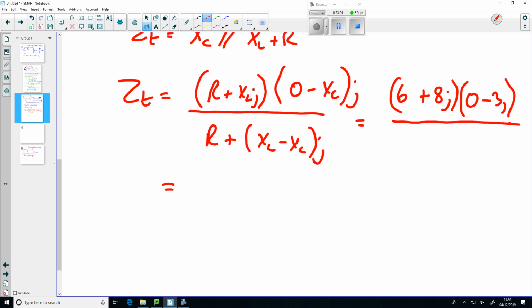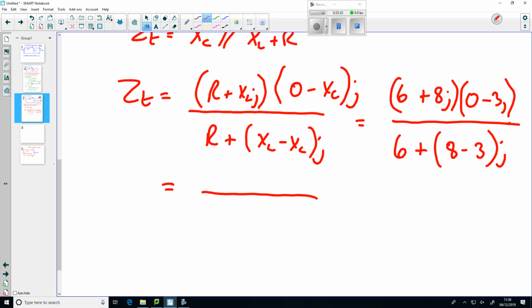Underneath, 6 plus 8 minus 3J. We want to convert these into polar values now. So convert each of those individually into polar values. We've already got the bottom in polar value from earlier.